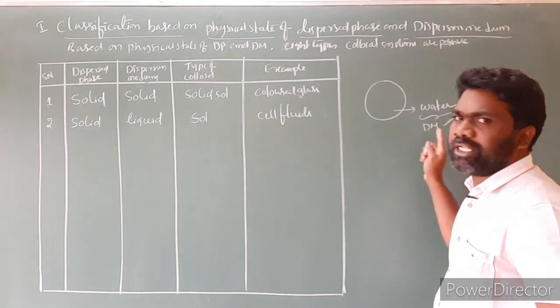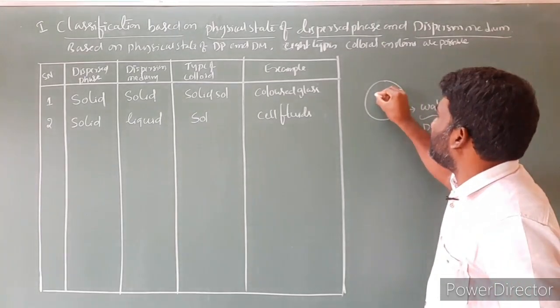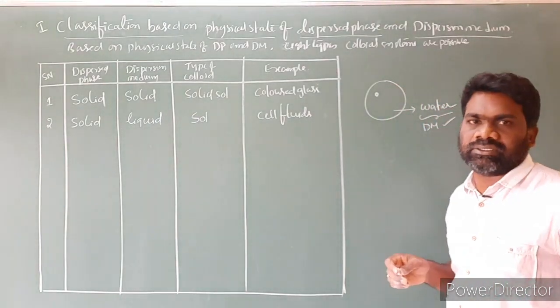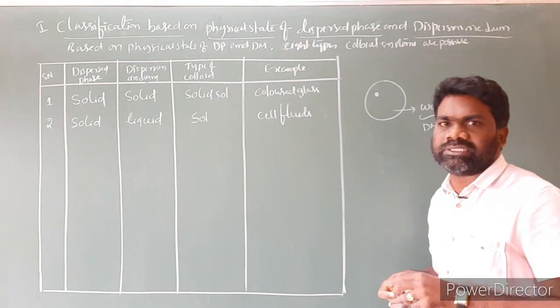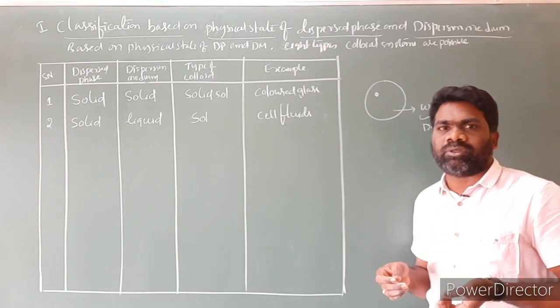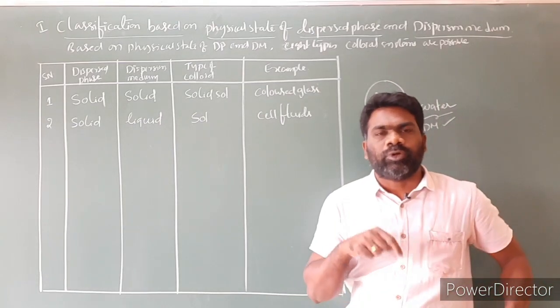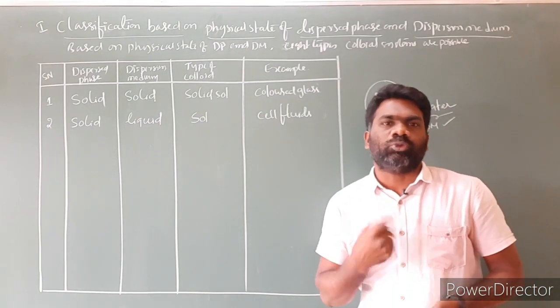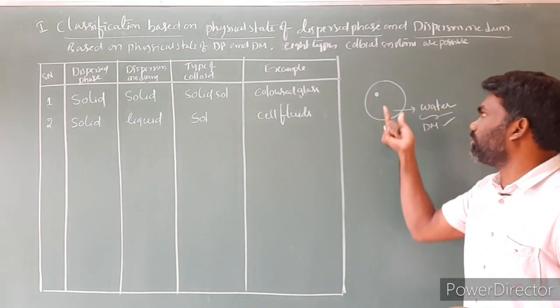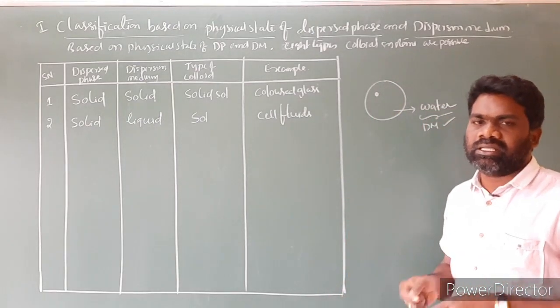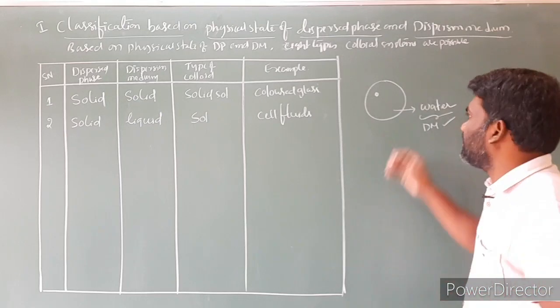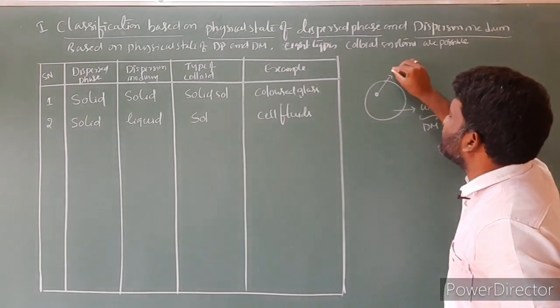In this dispersion medium, the particles are proteins and nucleic acids. Protein molecules and nucleic acid molecules are macromolecules, and their size is in the colloidal range.